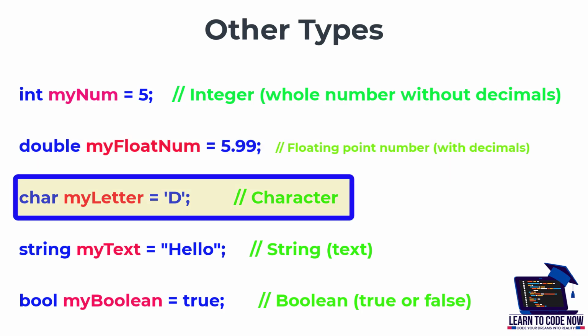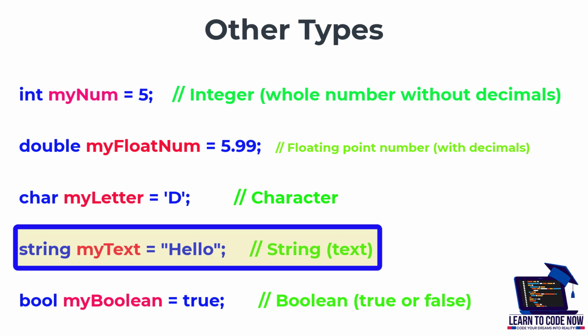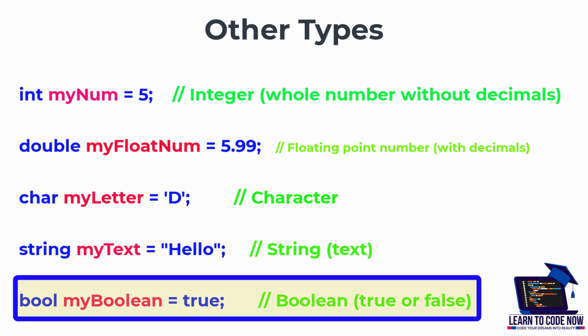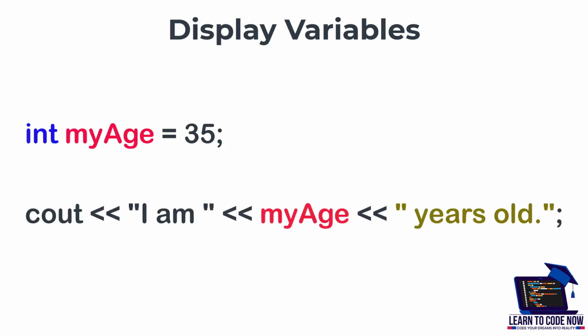In the third line, we have the char type variable myLetter and we are assigning the value d. In the fourth line, we have a string variable named myText and we are assigning the string hello to it. At the fifth line, we have the bool variable myBoolean and we are assigning true to this variable.